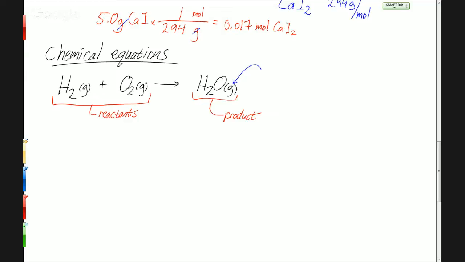This is the state. Yeah, so g is for gas. l is for liquid. s is for solid. And then there's one more that we see, aq, which stands for aqueous, which means dissolved in water.